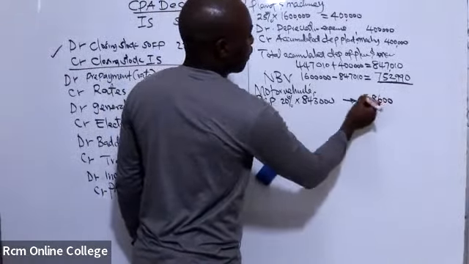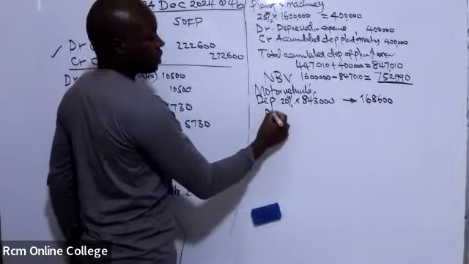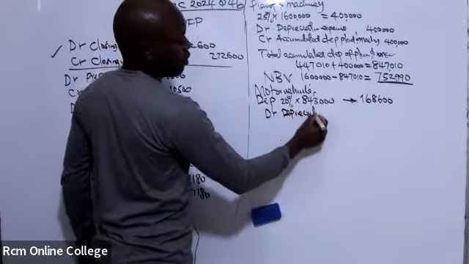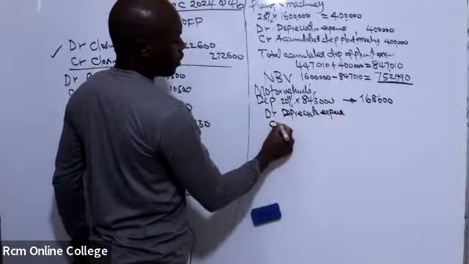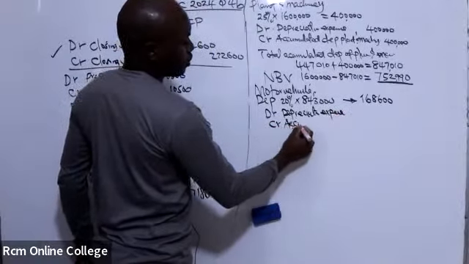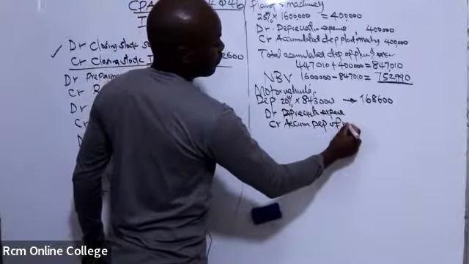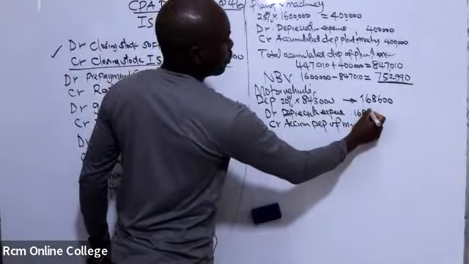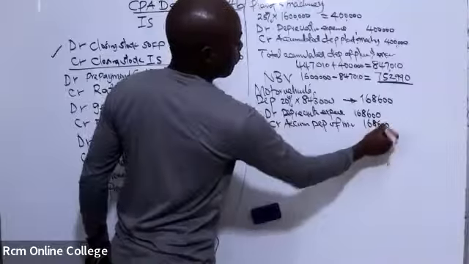Once we have that, we are supposed to do the journal entries. We debit depreciation expense for the motor vehicle account. Then we credit accumulated depreciation of motor vehicle with the same amount, 168,600.